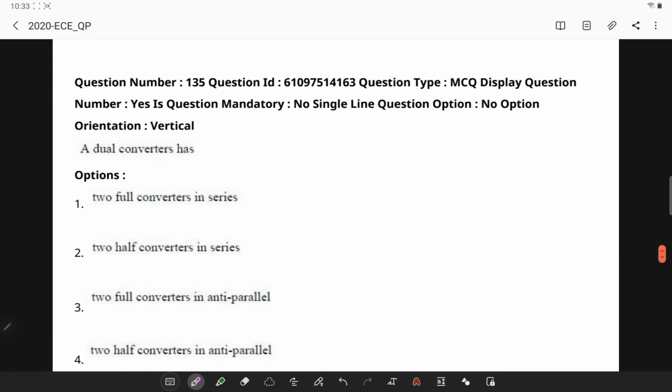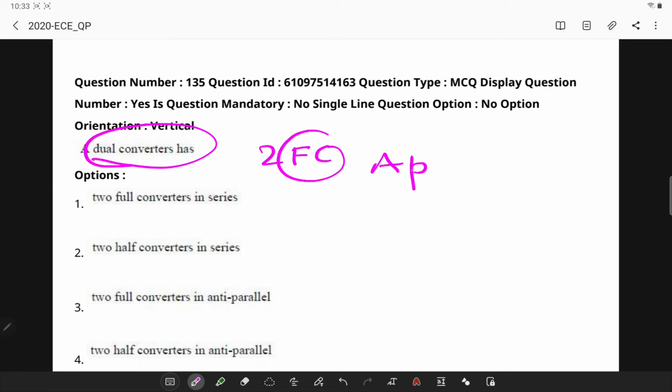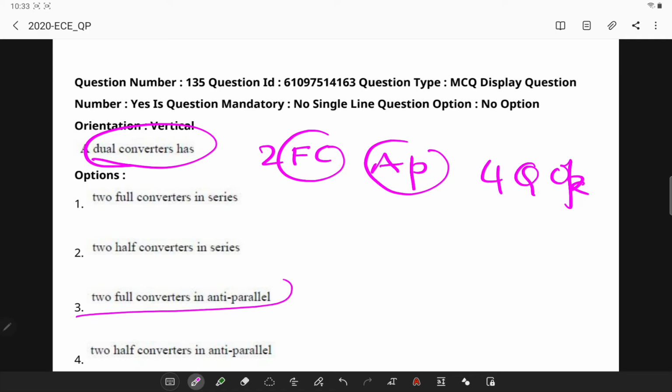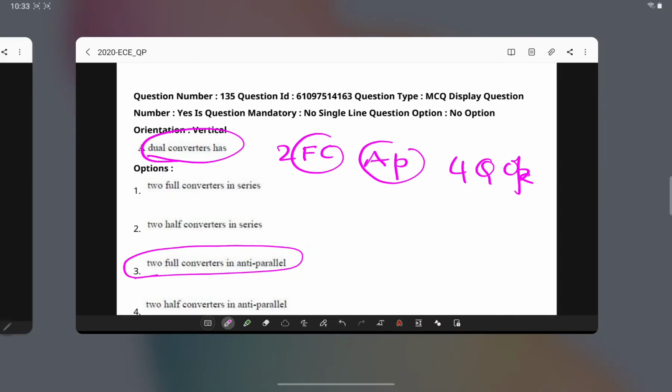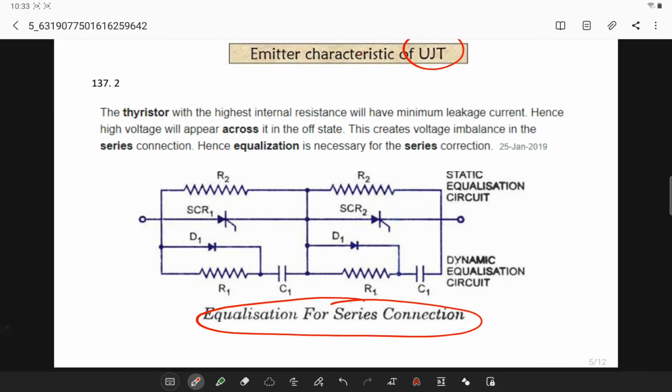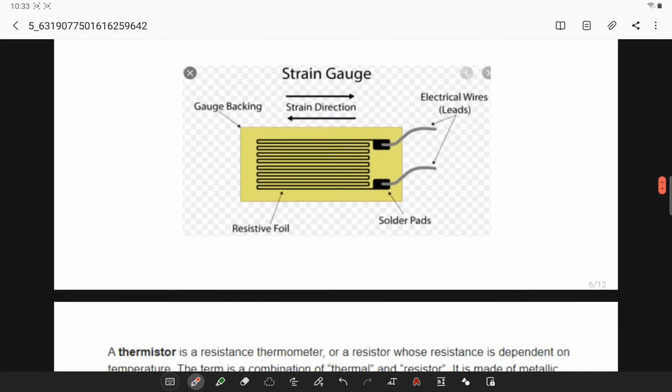Next, what is a dual converter? Dual converters have two full converters in anti-parallel, which provides 4-quadrant operation. So if you see the options, it is two full converters in anti-parallel operation. I'll show you the diagram of this dual converter for a better understanding.